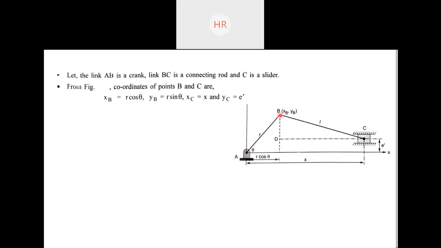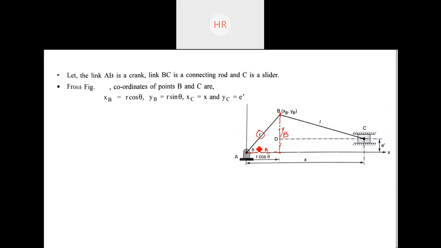What will be the coordinates of point B? The coordinates of point B are xb, yb. To go from here to point B, we have to move in the x direction this distance, okay, and then from there move in the y direction this distance. So this is xb and our vertical distance is yb. We know the length of this connecting crank is r.